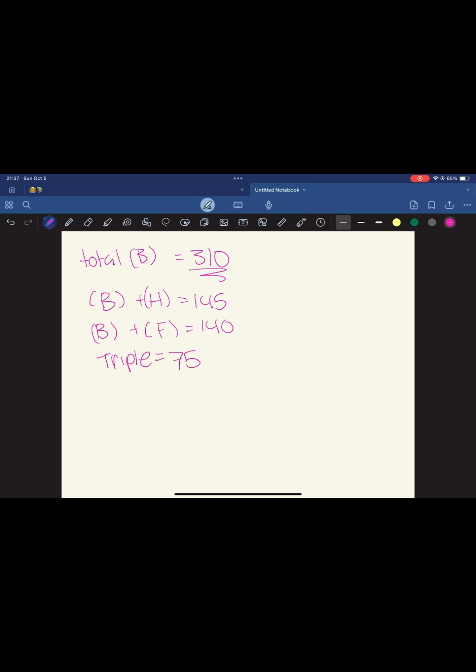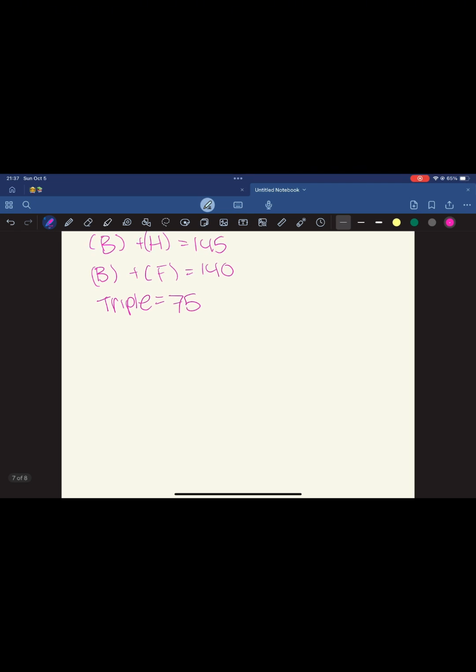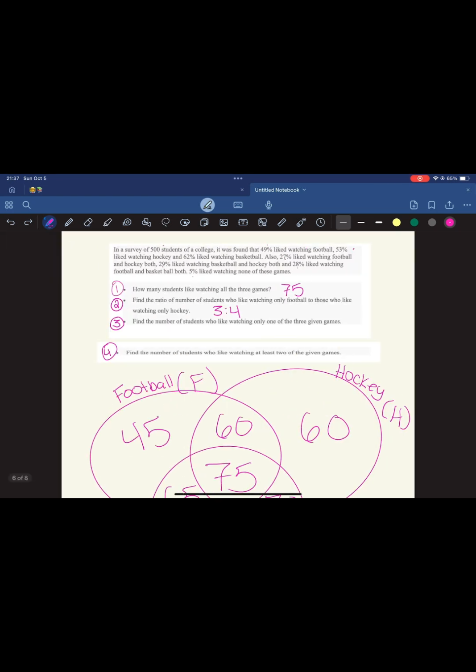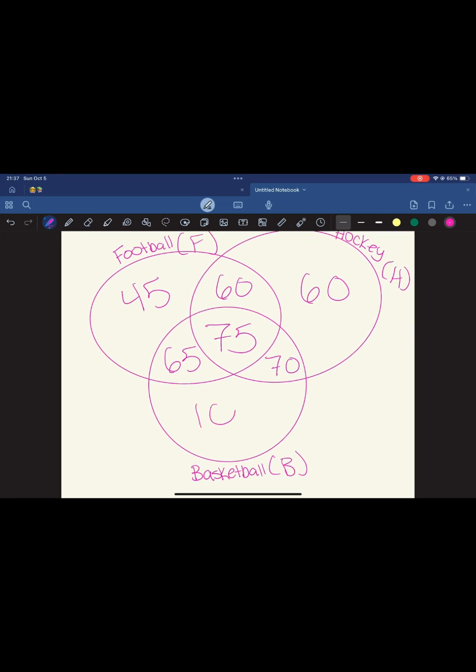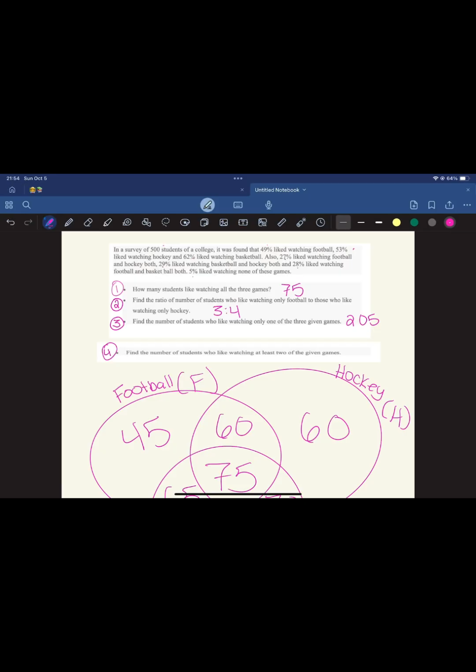So to get the only basketball, we are going to take 310 minus 145 minus 140 plus that 75. That is going to equal 310 minus 285 plus 75, which is going to equal 100. So we're going to go back and put that 100 there. And so now we have that part of our problem.